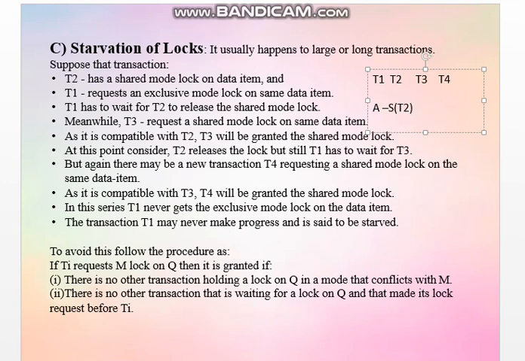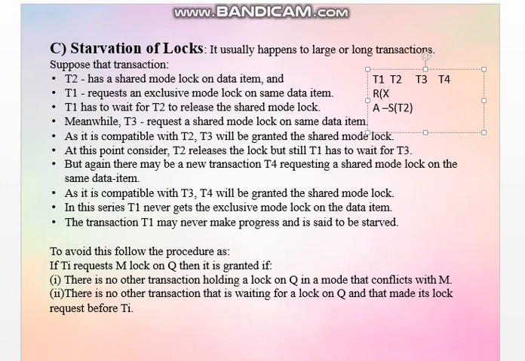T1 requests an exclusive mode of lock on the same data item. Now T1 comes and says that I want the data item A, but this T1 transaction wants the exclusive lock.